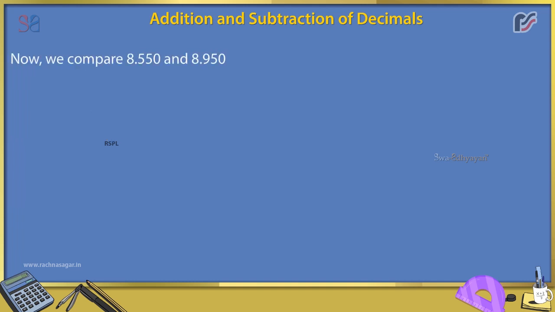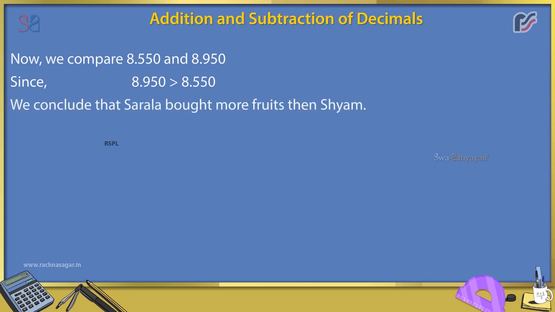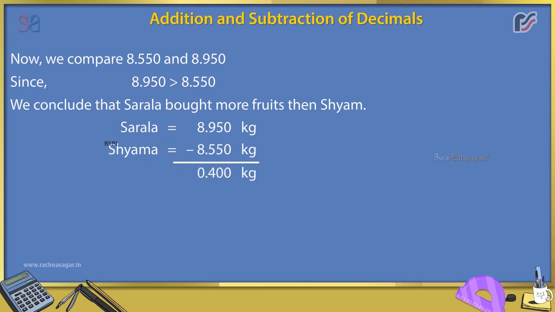Now we compare 8.550 and 8.950. Since 8.950 is greater than 8.550, we conclude that Sarla bought more fruits than Shyam. Sarla, 8.950 kg, minus Shyam, 8.550 kg, is equal to 0.400 kg. Sarla bought 0.400 kg or 400 gram more fruits.